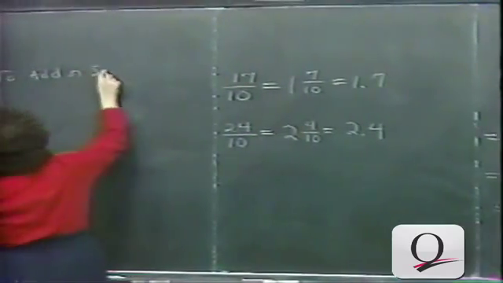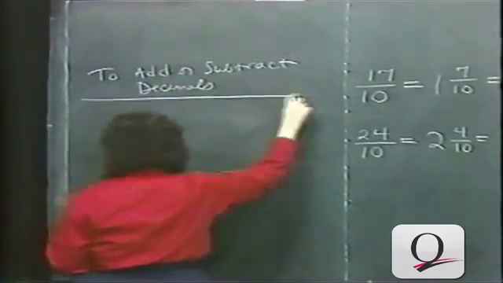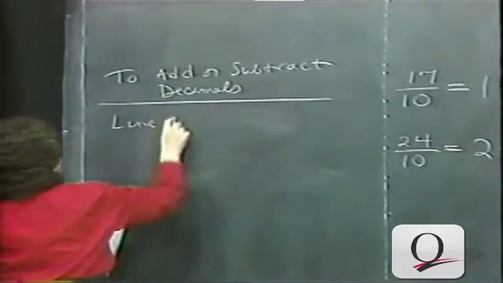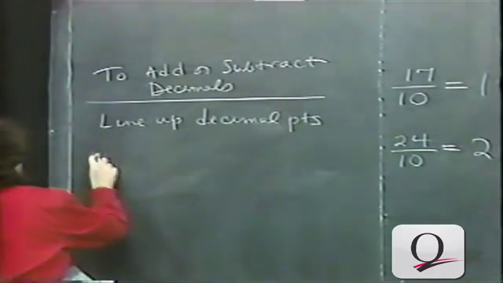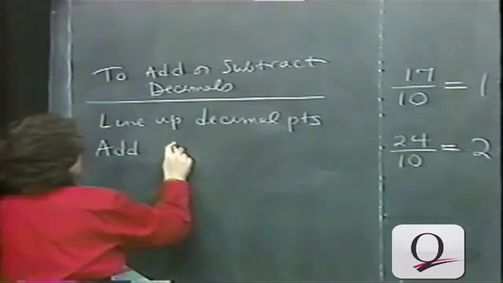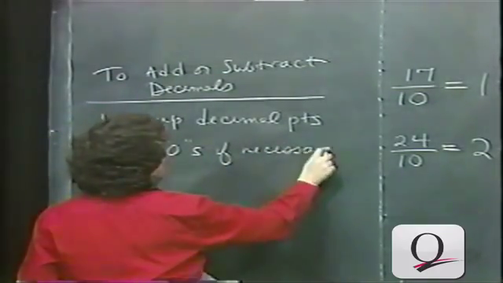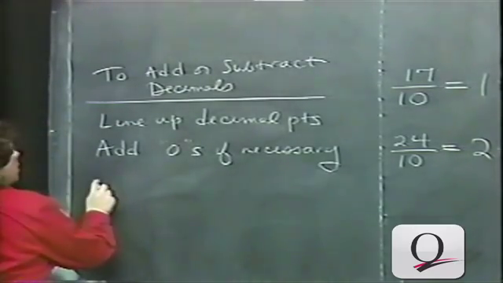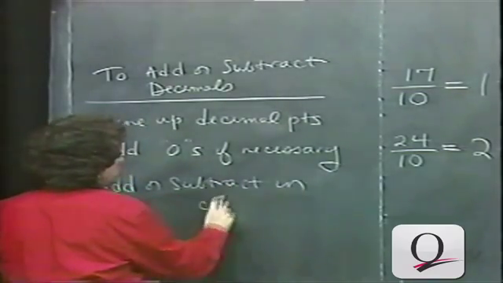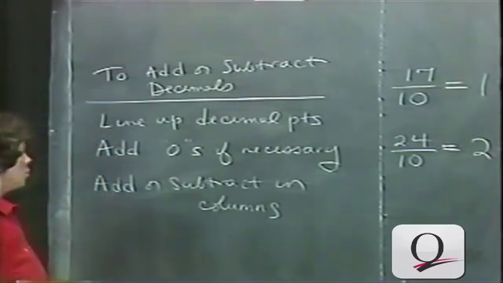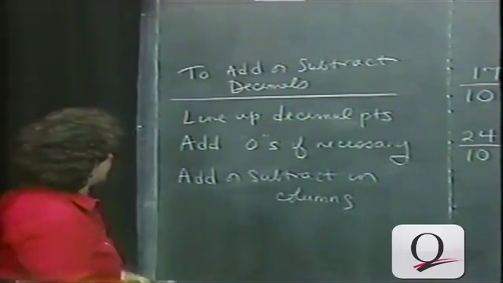To add or subtract decimals, line up all the decimal points, add zeros if necessary, and add or subtract in columns, where the decimal point in the answer is directly under the decimal points in what you're adding or subtracting.